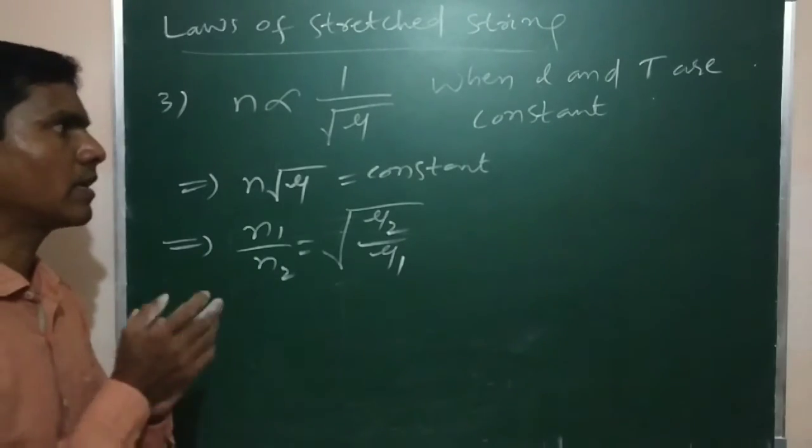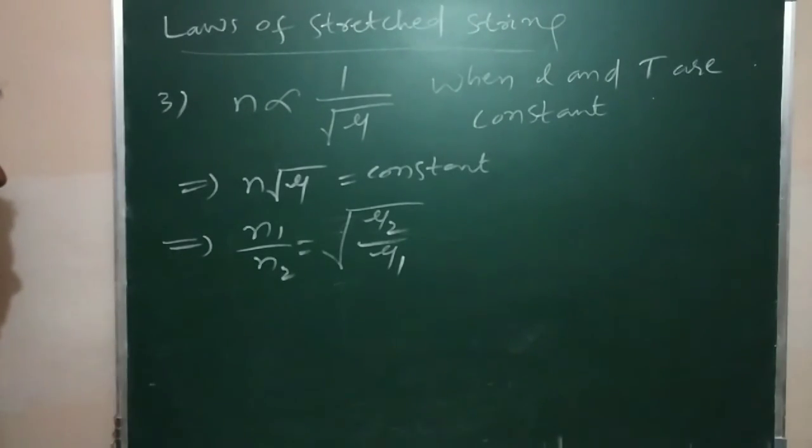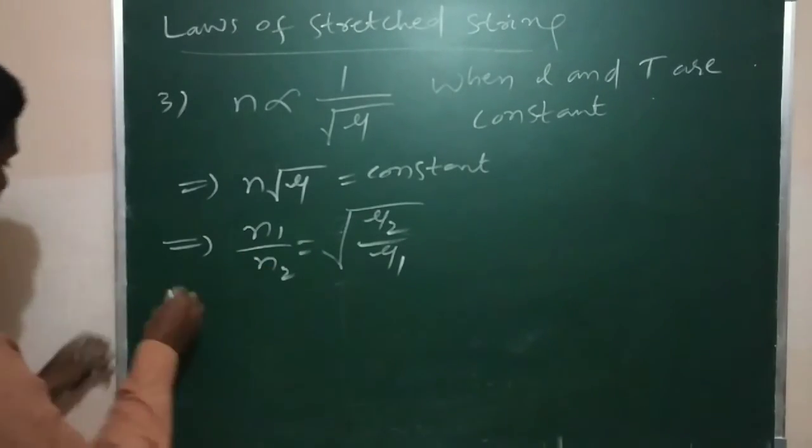The fundamental frequency is inversely proportional to the square root of linear density. So n root mu equals constant, and we can write n1 by n2 equals root of mu2 by mu1, when the length of the string and the tension in the string are constant.